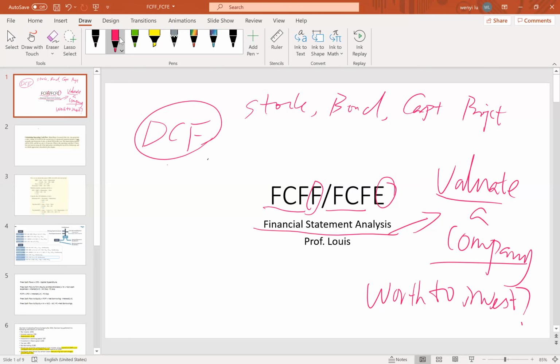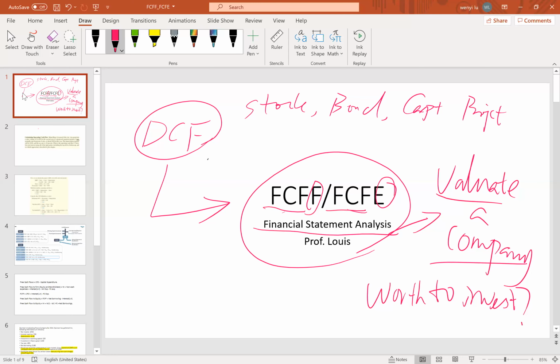To evaluate a company, especially for fundamental analysis, the most important and most practical models for a public listed company are the free cash flow to the firm model and the free cash flow to equity model. We will focus on these two models to evaluate our company this semester.